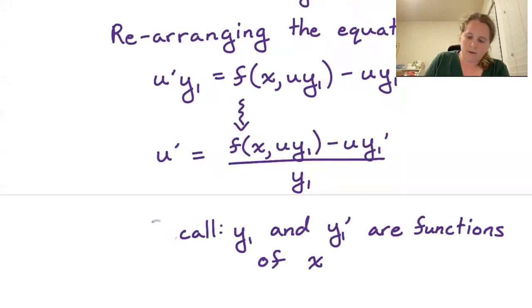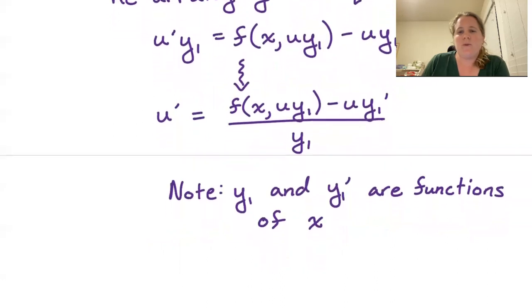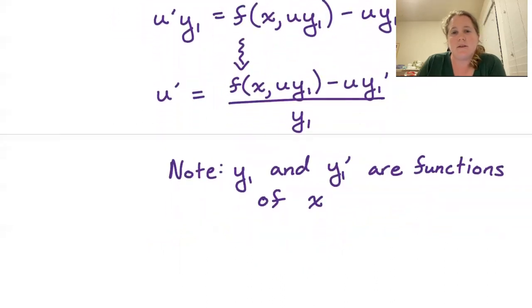So instead of recall, maybe we should put note. So when we're doing our separation of variables here, if we can rewrite that f of x comma u y1 as a function of u times y1 prime, then we could factor out a y1 prime and have something just in terms of u.